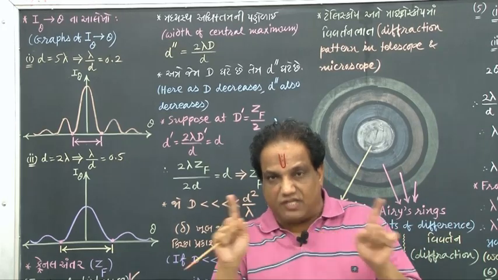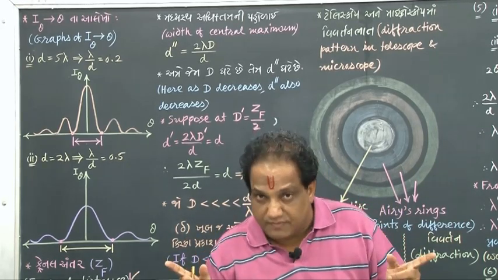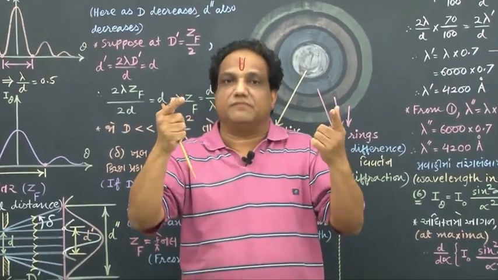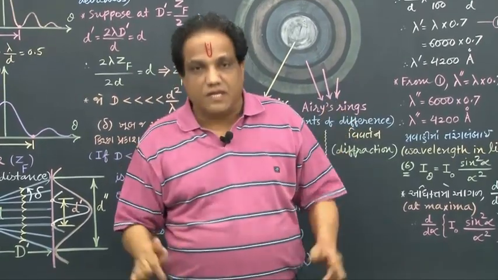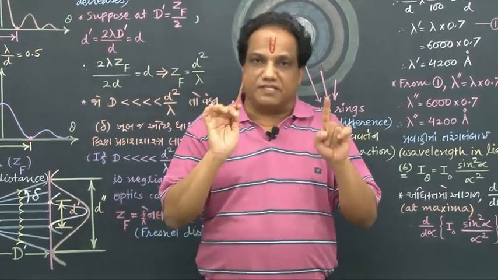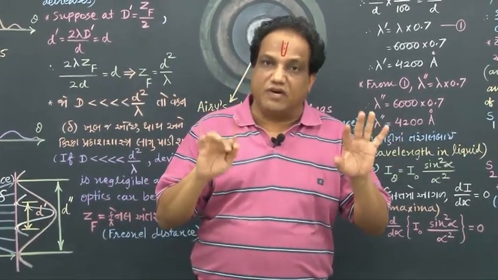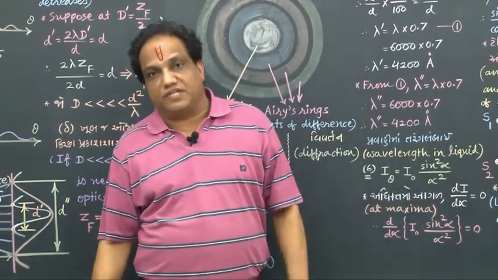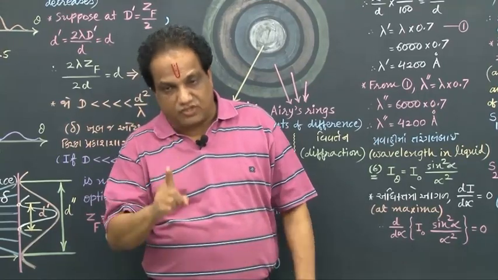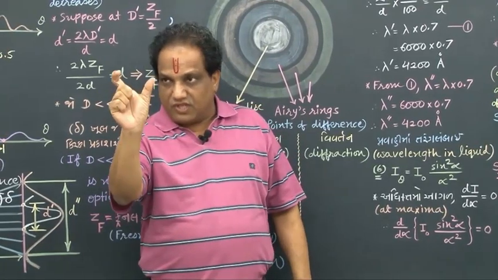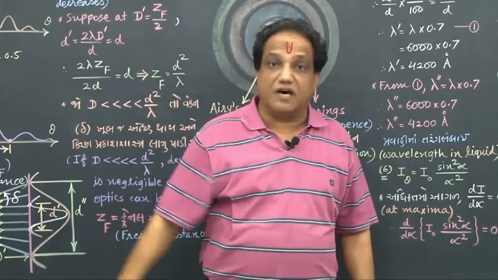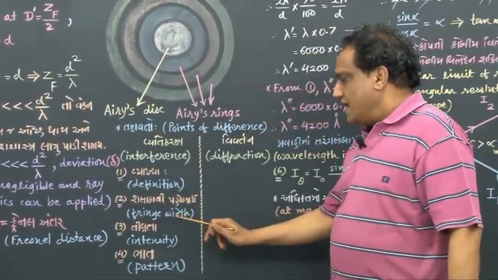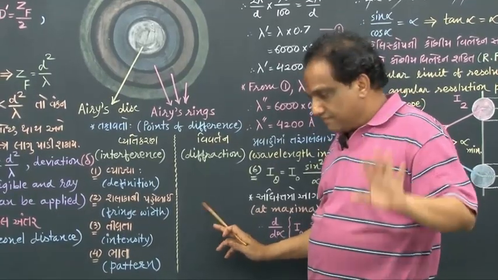Widths of other order maxima other than central maximum are same, but width of central maximum is double the equal width of other order maxima. Okay, and in case of stationary interference pattern, the widths of all the fringes are same, correct? So here width is same and here widths are not same.